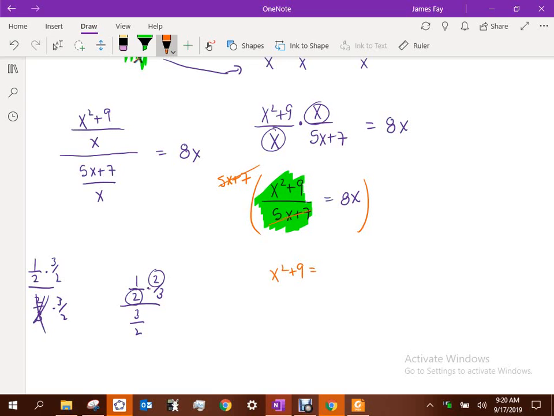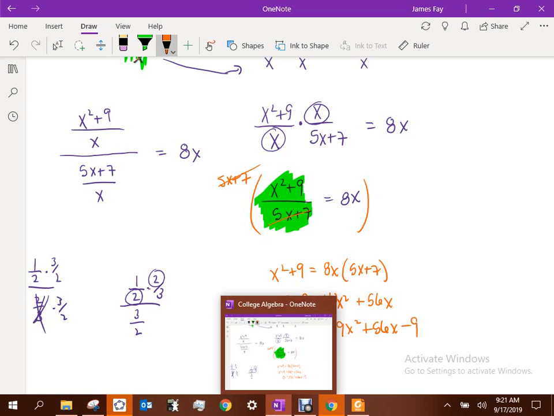And on the right-hand side, I'll have 8x times 5x plus 7. So it's going to give me 40x squared. 7 times 8, what's that, 56? x. So we can go 39x squared plus 56x minus 9 ends up being 0.